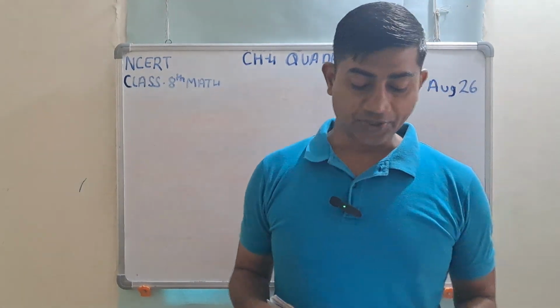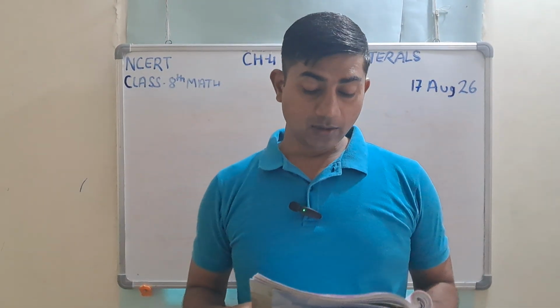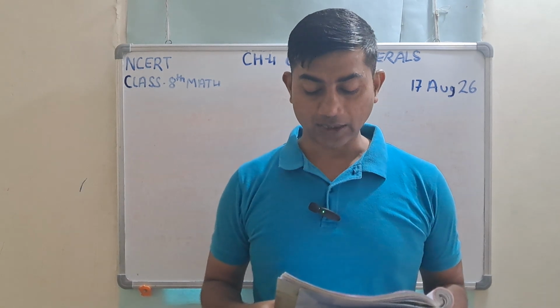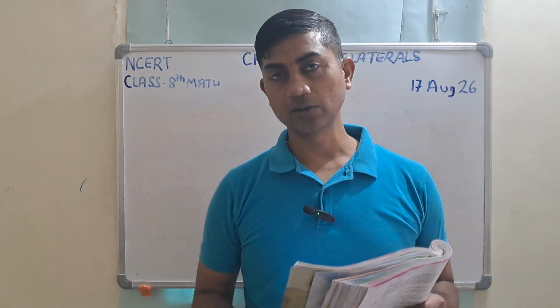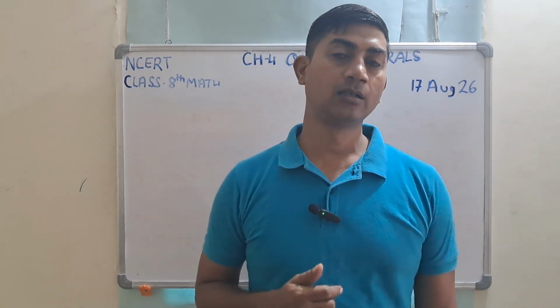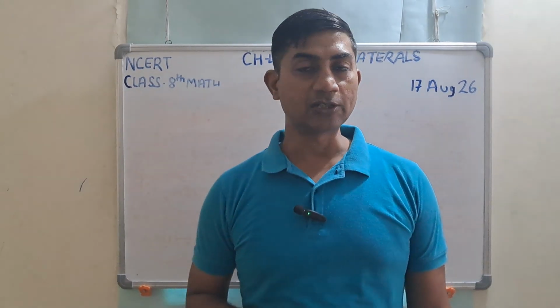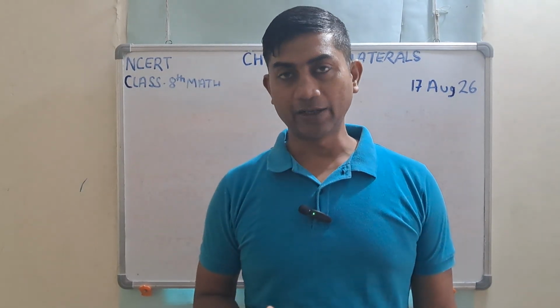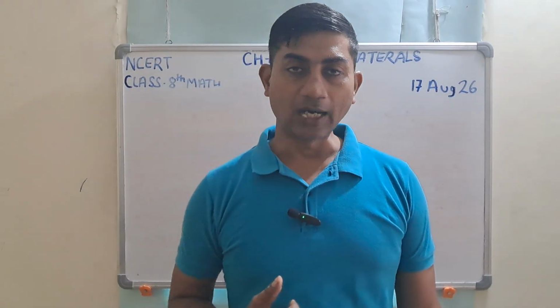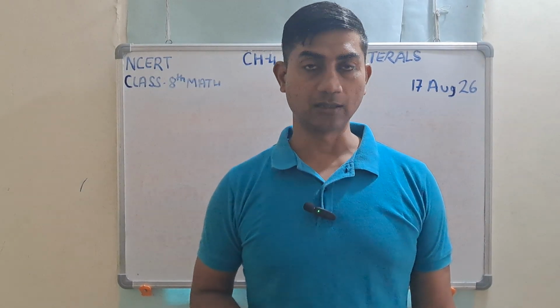What is our second question? Construct a kite with diagonals of length 6 centimeter and 8 centimeter. Understood? We have to construct a kite with diagonals of 6 centimeter and 8 centimeter. In this class only we have studied that the diagonals of a kite are perpendicular to each other.